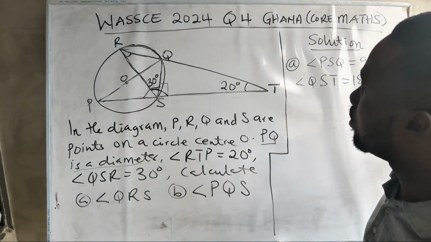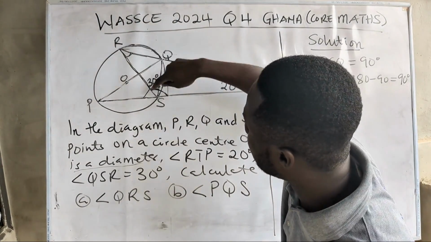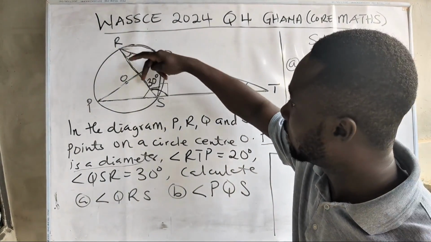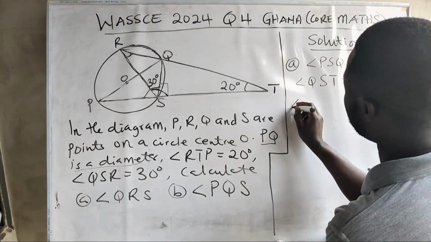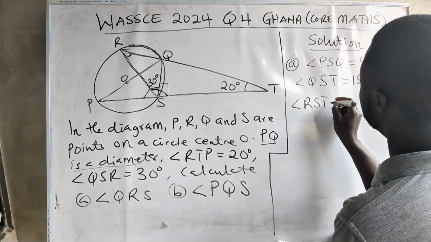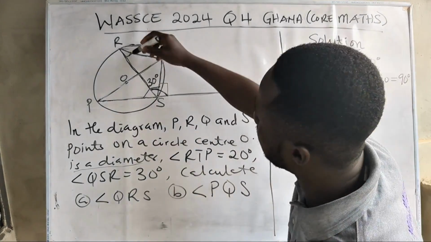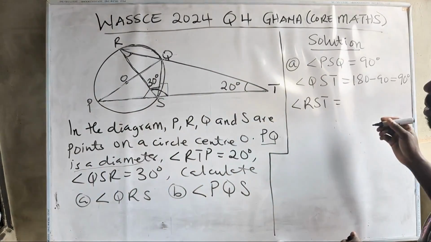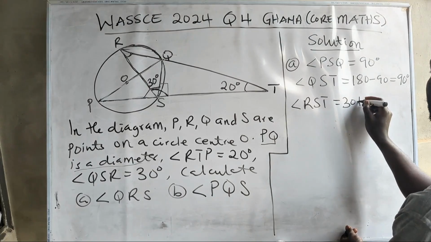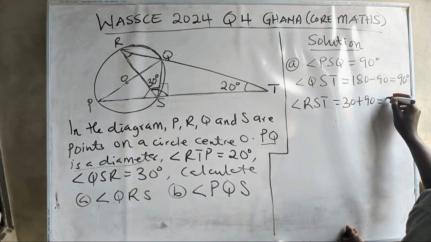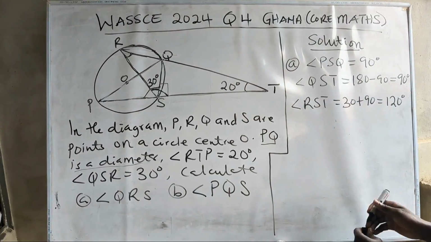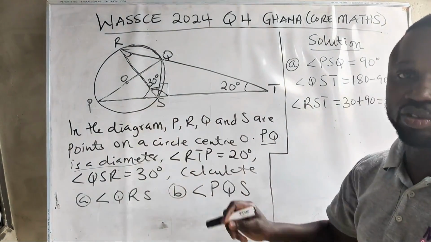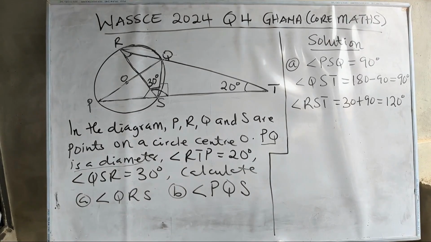And we know it will make angle RST equal to 30 plus 90, and that will give us 120 degrees. So the angle here is 120.